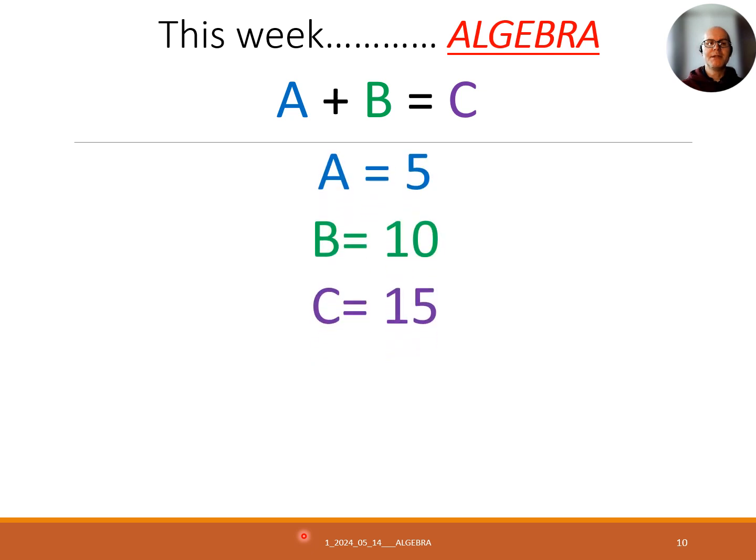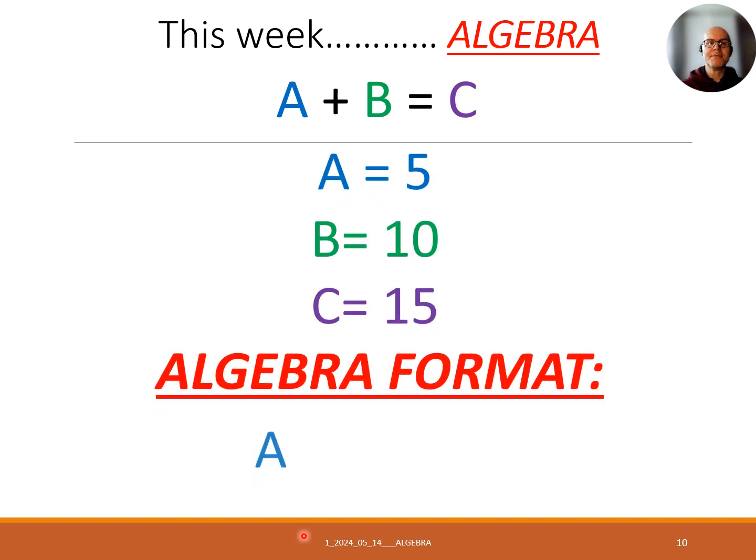So for the same formula, a plus b equals c, we've swapped out these numbers. A equals 5, b equals 10, and c equals 15.